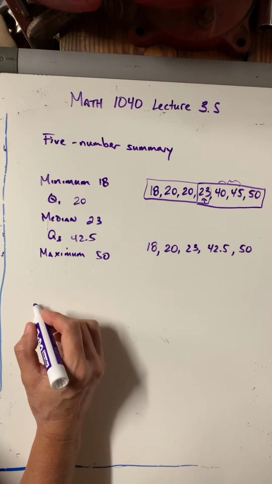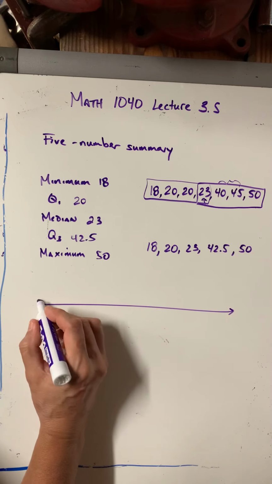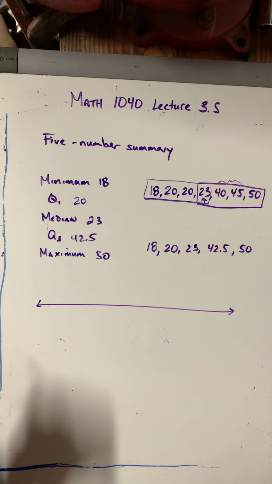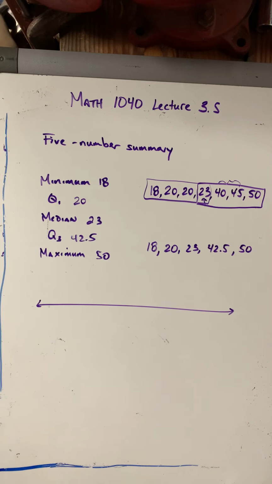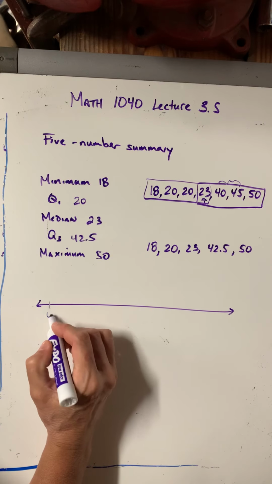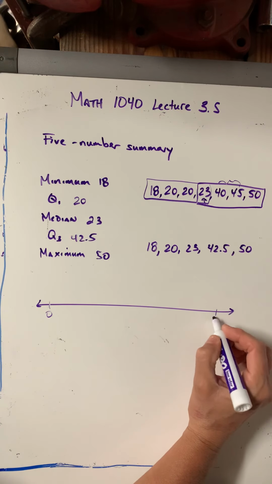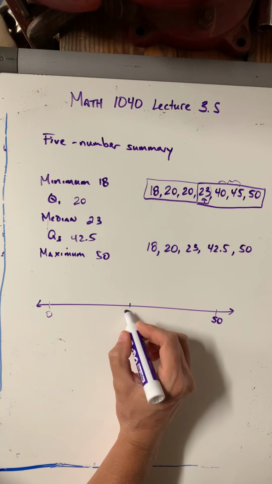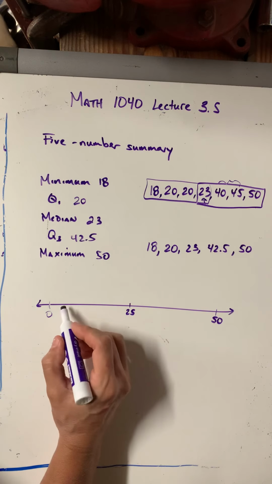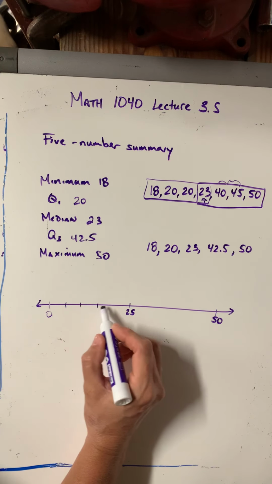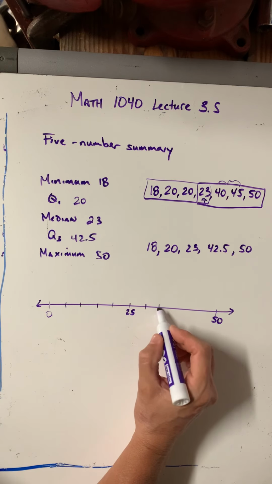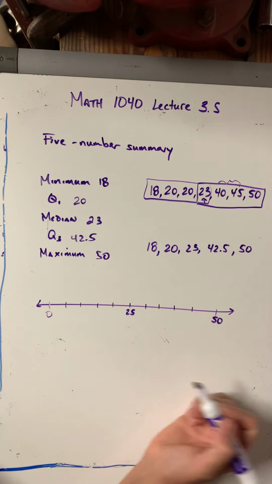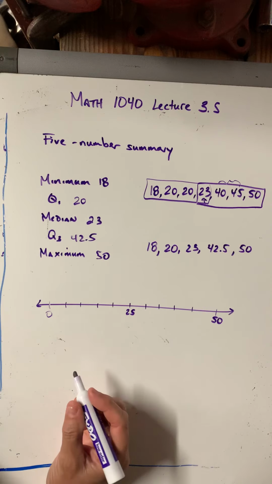So we can put this on a picture, which oftentimes, a visualization helps us to have a better understanding of the numbers as well. So let's say I've got 0 to 50, 5, 10, 15, 20, 25, 30, 35, 40, 45, 50. So it's a little off, but it'll work.